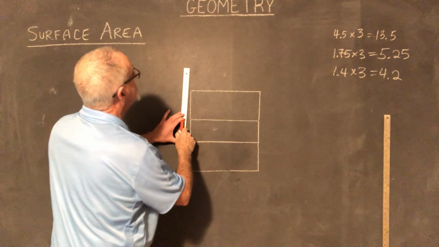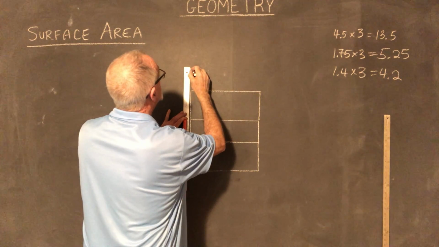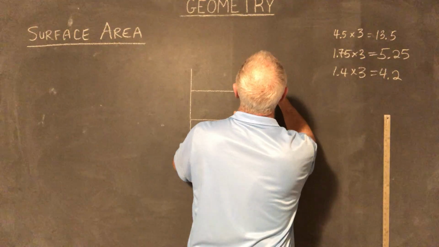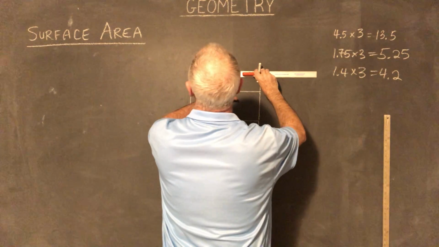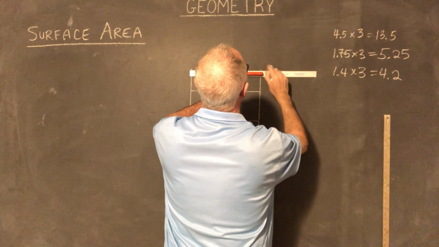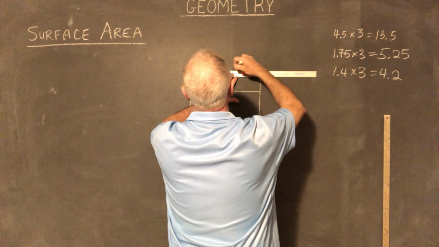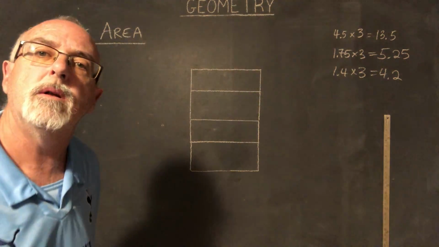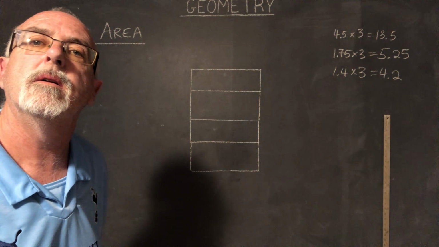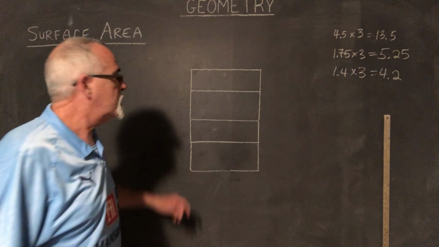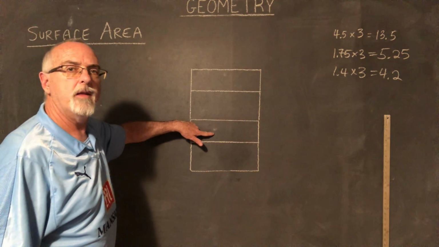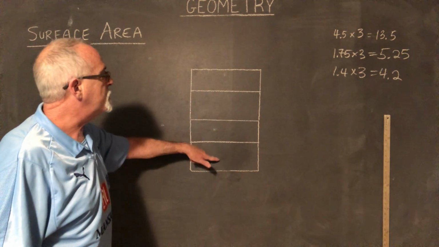So that was 4.2, 4.2, and another 13.5. I don't know if it shows that well on camera. I think though, when I look at the video screen, you can see that this top one and this third one are the same size, and that they're smaller than this second one and fourth one.